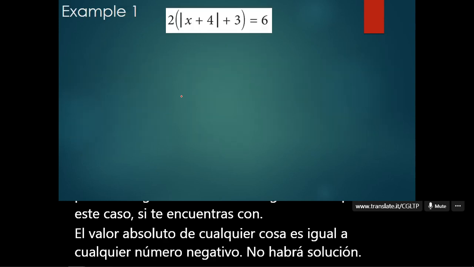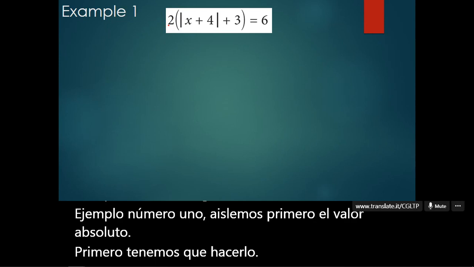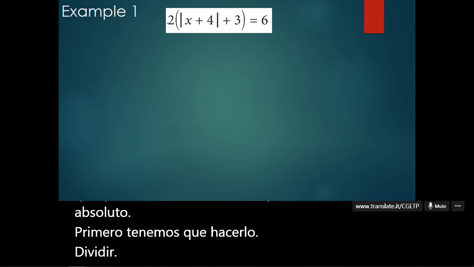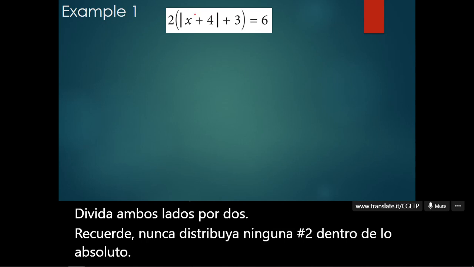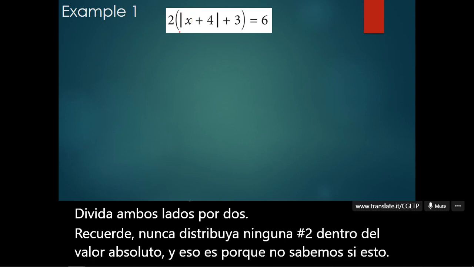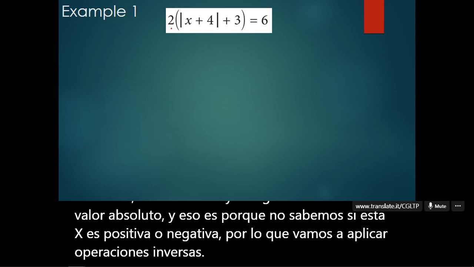Example number 1. Let's isolate the absolute value first. First, we need to divide both sides by 2. Remember, never distribute any number to inside of the absolute value. And that is because we don't know whether this x is positive or negative. So we're going to apply inverse operations and isolate the absolute value first.